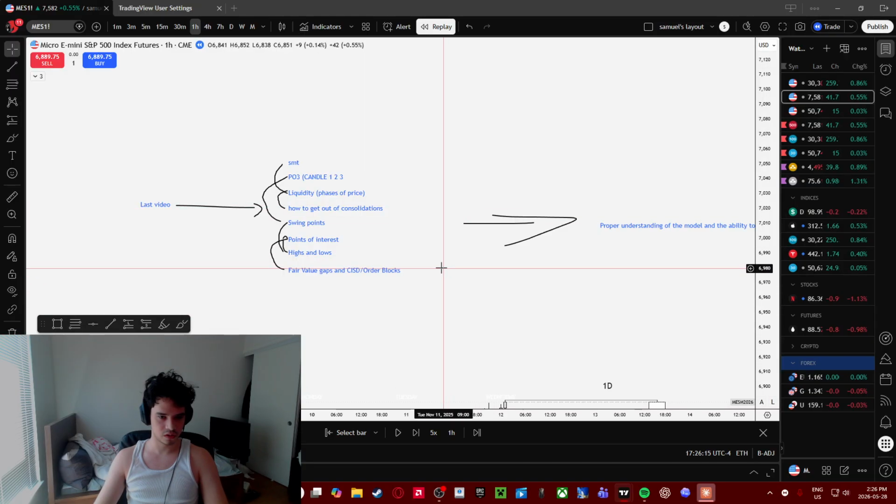So the consolidation can be used as a point of interest as well as a fair value gap. They both are the same, since the fair value gap is a consolidation in the lower time frame, and a consolidation is a consolidation in the time frame you're in. You just want a manipulation within the area, and yeah.